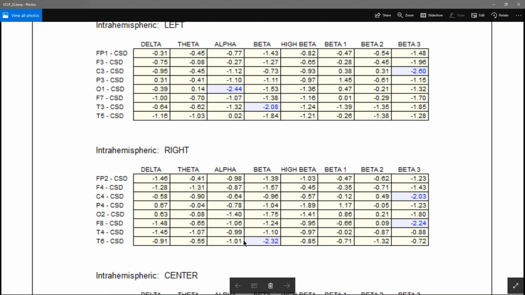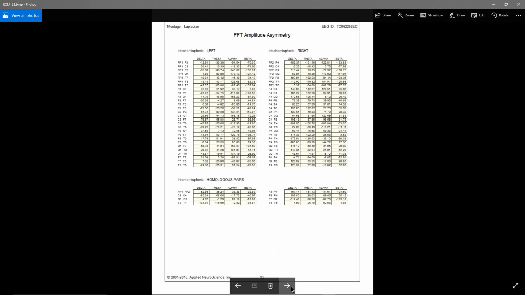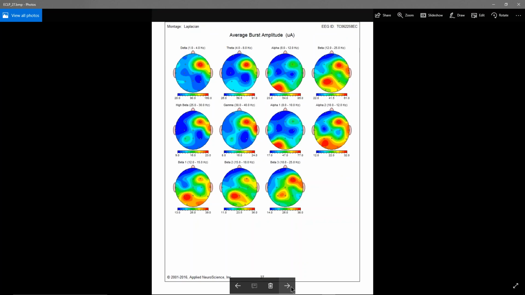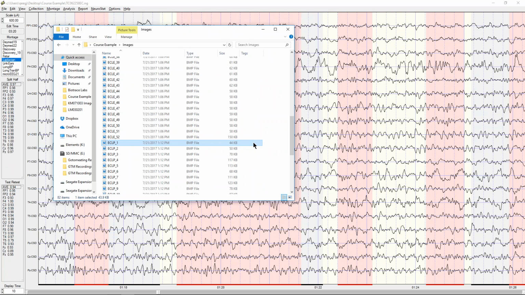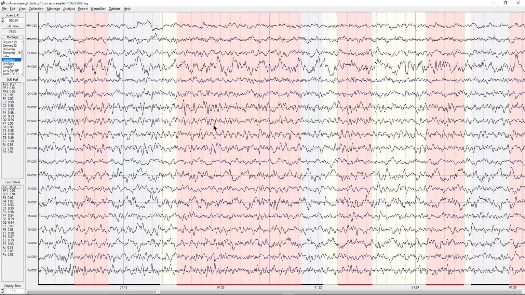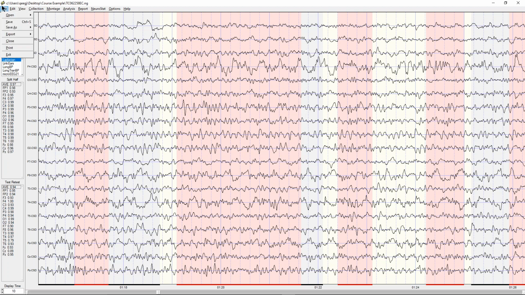And again, we have several that are at -1 standard deviation or better, which is as it should be from our analysis. And our burst amplitude and burst duration. So again, we have findings that are consistent with the person's self-report and also with what we see in the visual inspection.